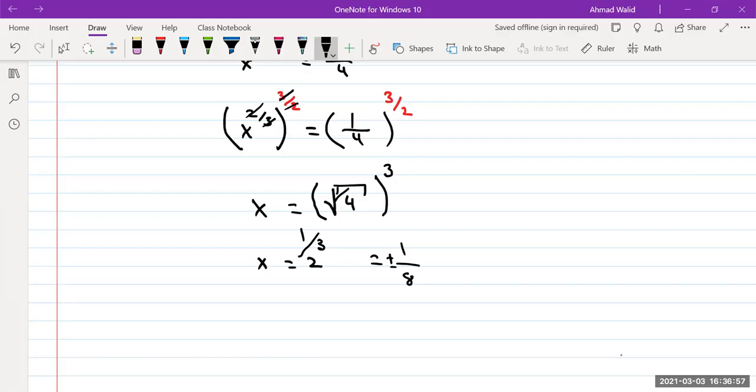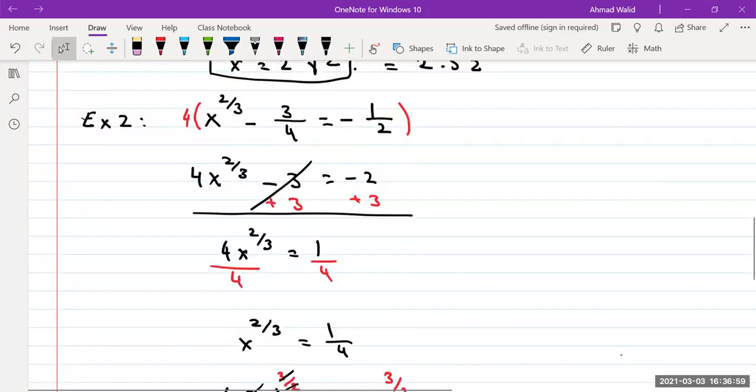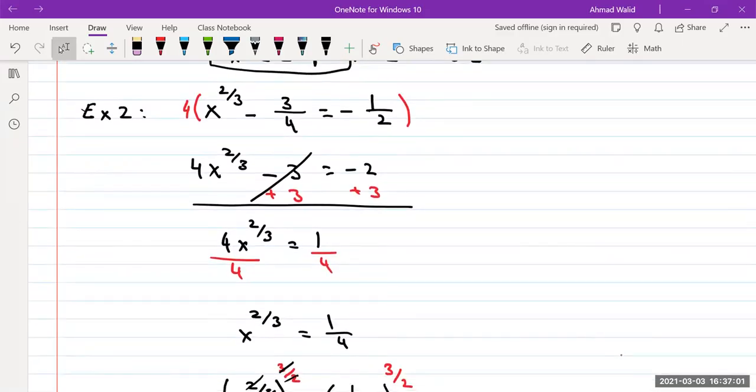The other way, if you are good dealing with fractions, you don't need to multiply everything by 4. You had x to the power of 2/3 minus 3/4 equals negative 1/2. I will add 3/4 to both sides. Here you go, 3/4.